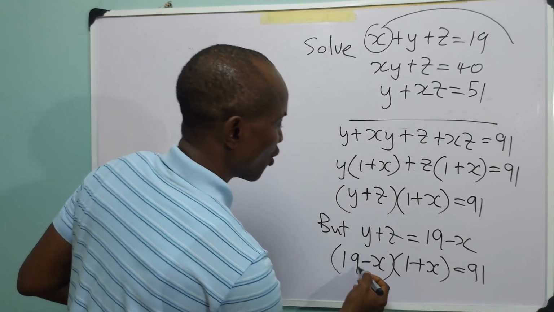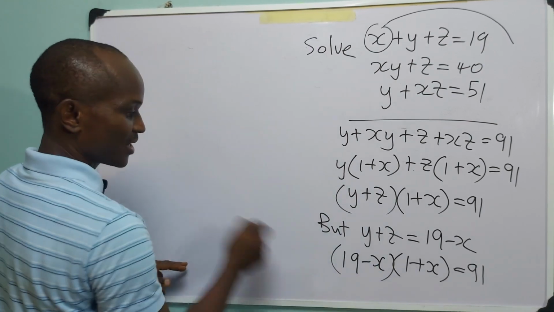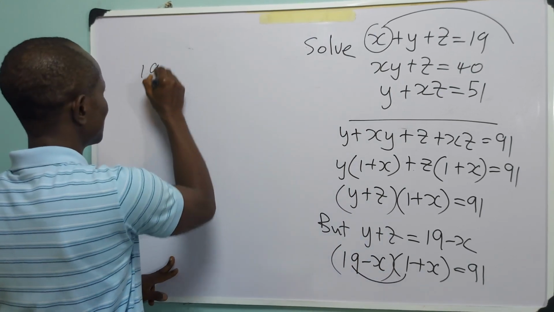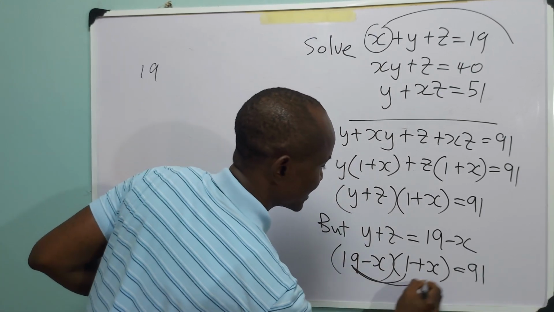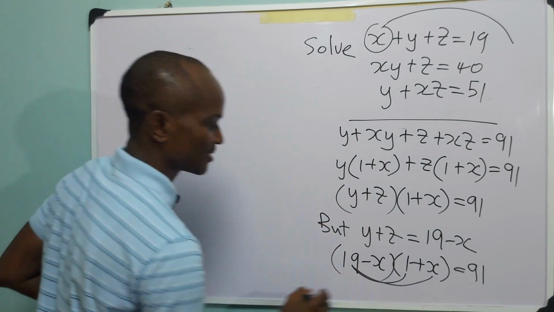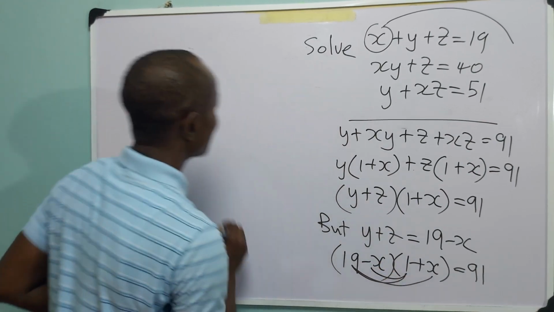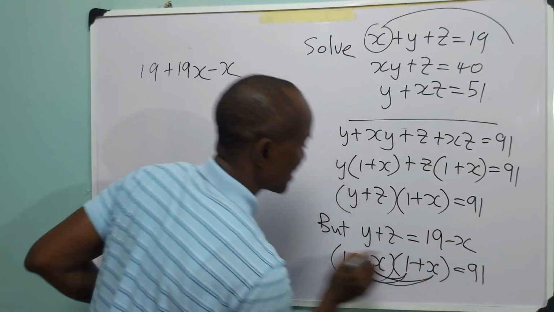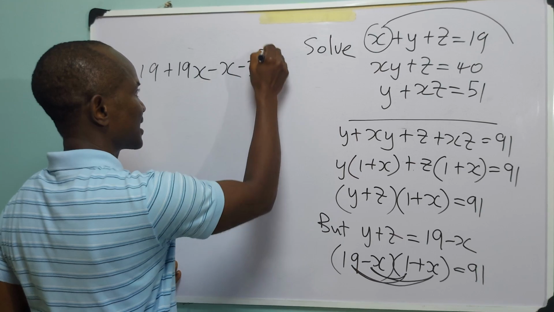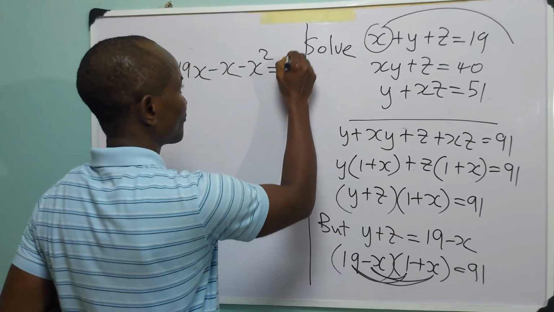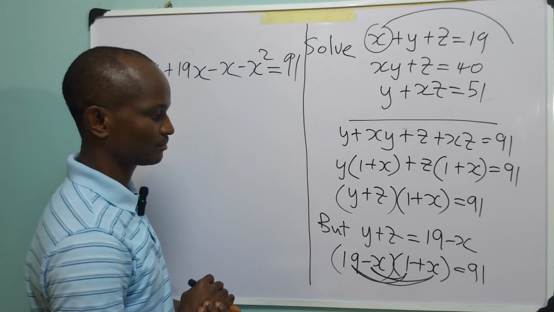Very good. So opening up the brackets, we have that 19 multiplied by 1 is 19. 19 multiplied by x is plus 19x. Minus x multiplied by 1 is minus x. And minus x multiplied by plus x is minus x squared. And this is all equal to 91.